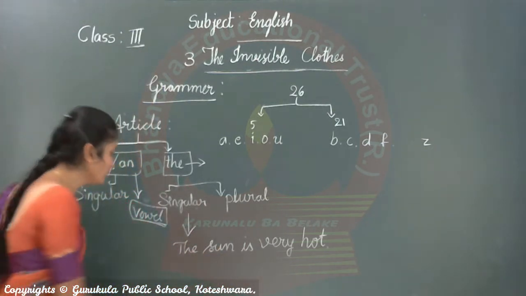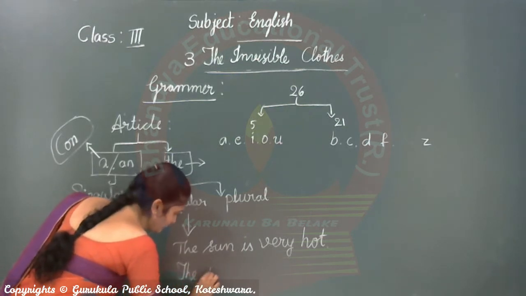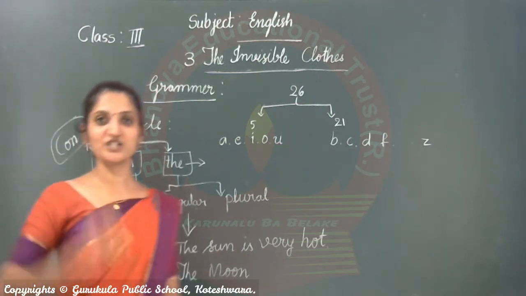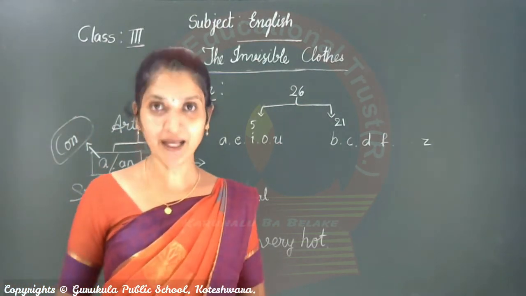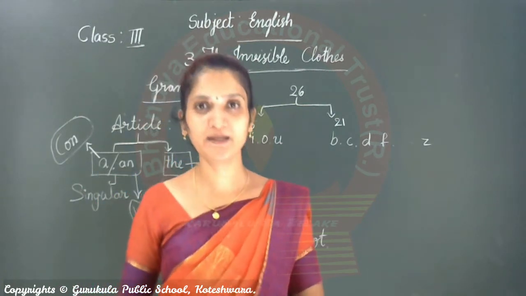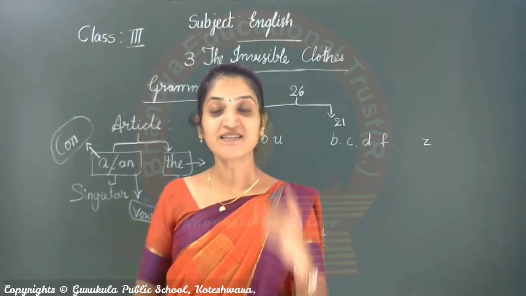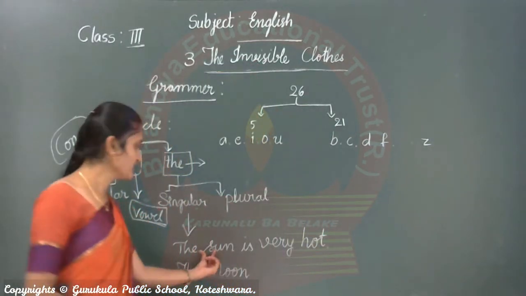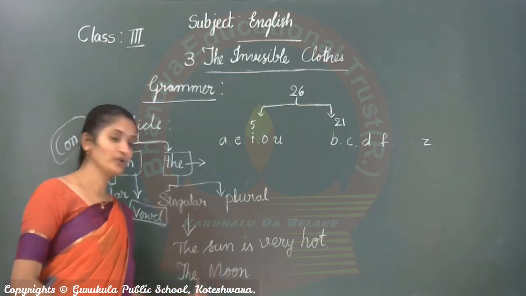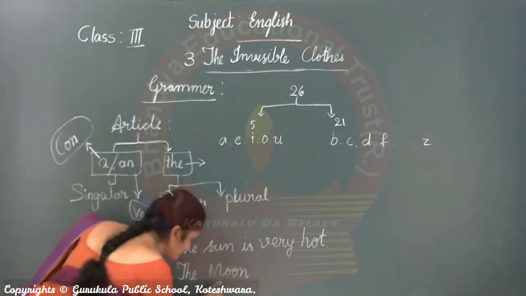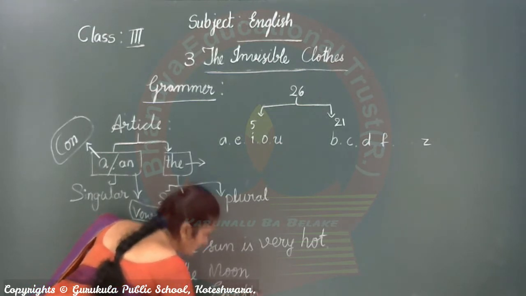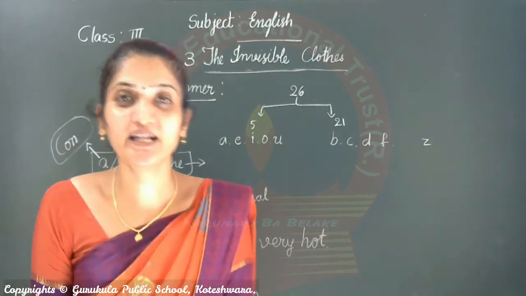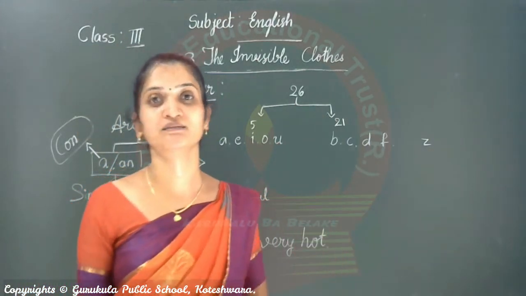In the same way, the moon. The moon is round in shape. And in the same way, earth. Is there more than one? No, it is also unique, right? The earth. Sun and moon start with consonant letters, but earth starts with a vowel sound. Why are you not writing an?